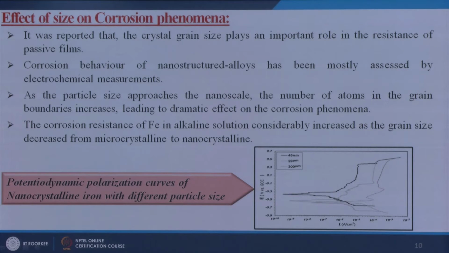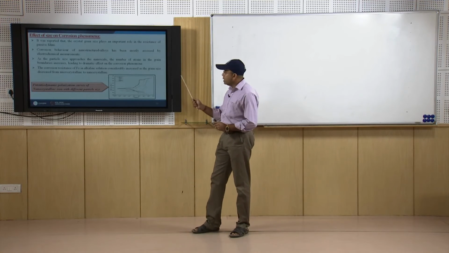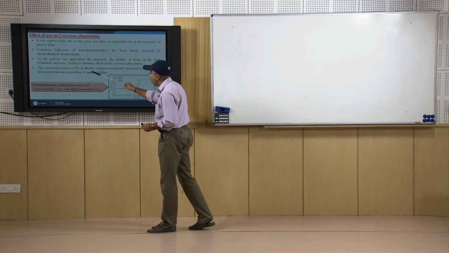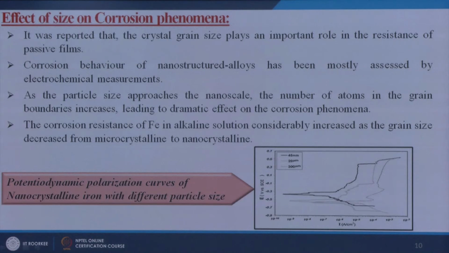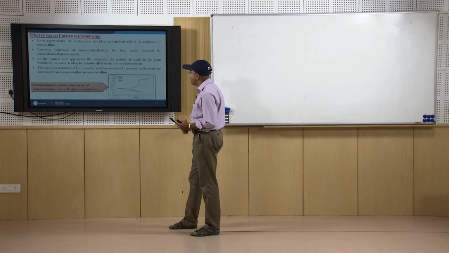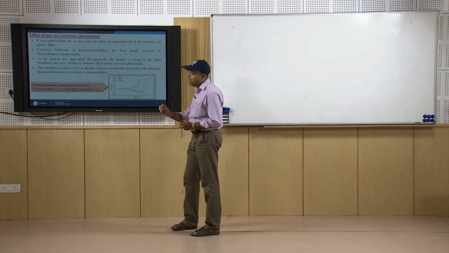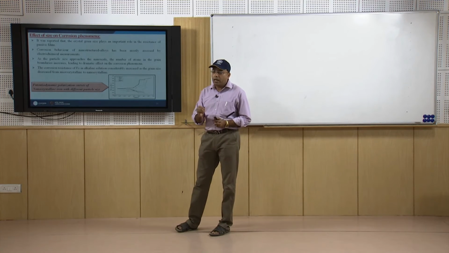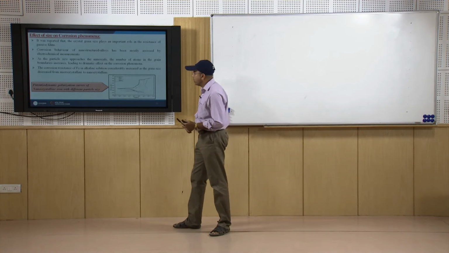So this is the basic principle of this particular slide. The corrosion resistance of iron in alkaline solution considerably increased as the grain size decreased from microcrystalline to nanocrystalline. So this is a very good example where the size is creating betterment in terms of corrosion protection.